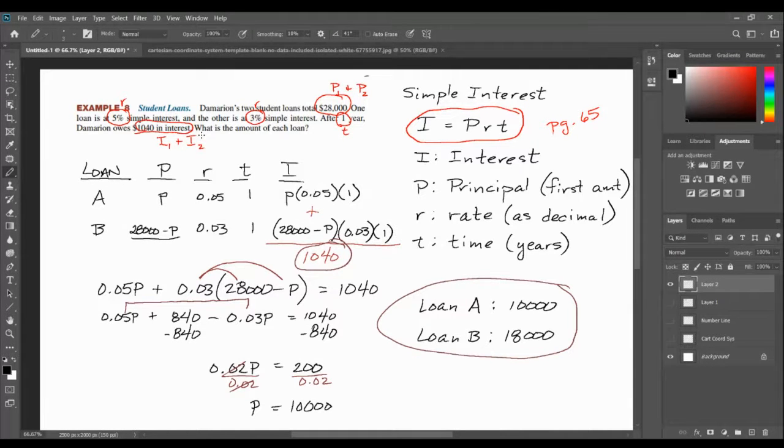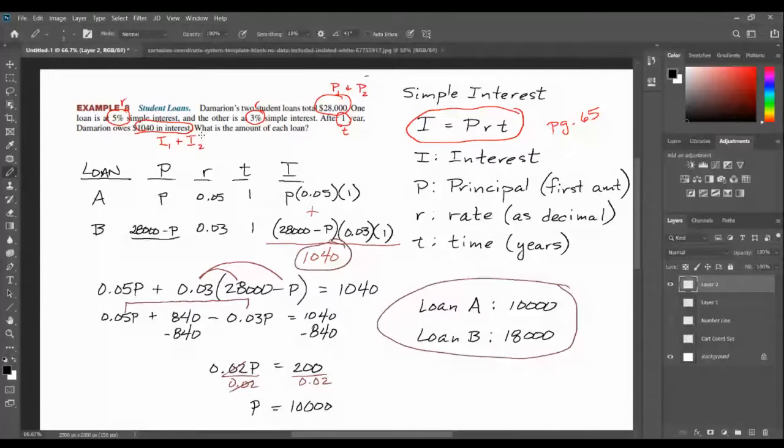And so if you label your variable with something that makes more sense, then you know right away what it is you solved. Like later we'll be looking at, say, corn and soybeans, both of those, and how can we maximize those. So I might label one as C for corn and B for beans. And that way when I'm done solving it and I say C equals 5.6, I know that that's the corn.